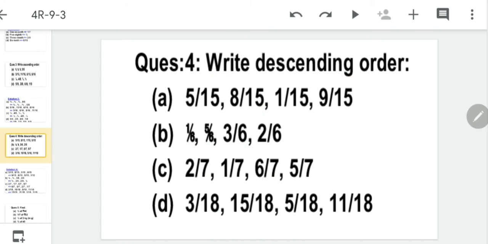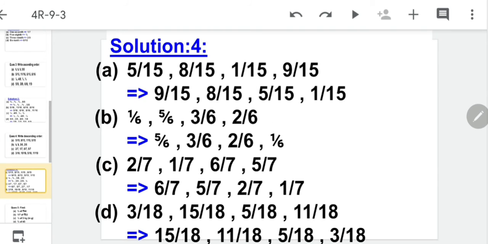So that means to place these fractions in descending order, we have to focus only on numerator and we have to place them according to the descending order of numerator. So let's see how we have to solve it. So the first part is, we have 5, 8, 1 and 9 in denominator.